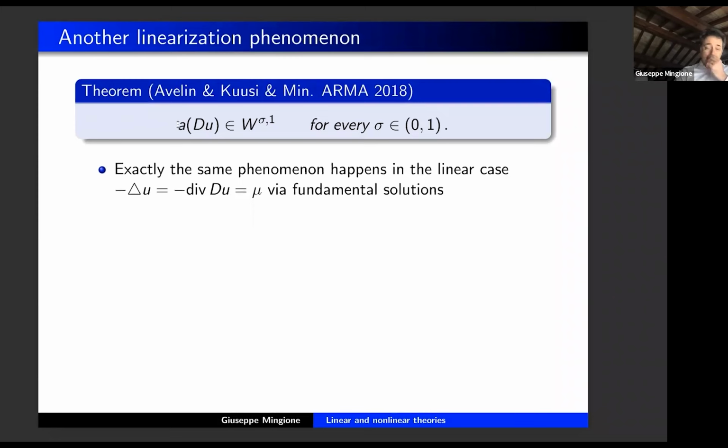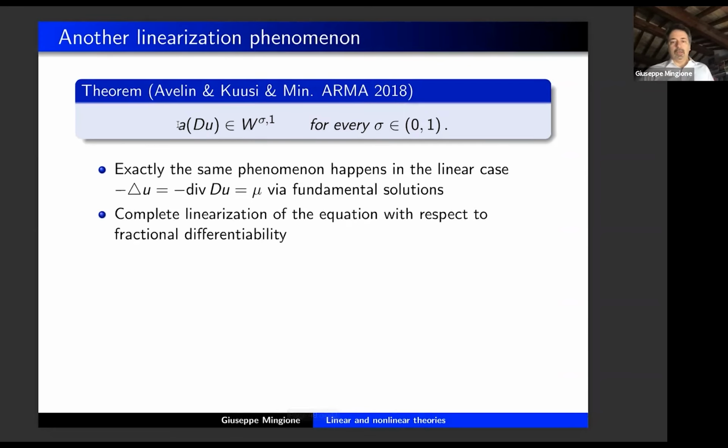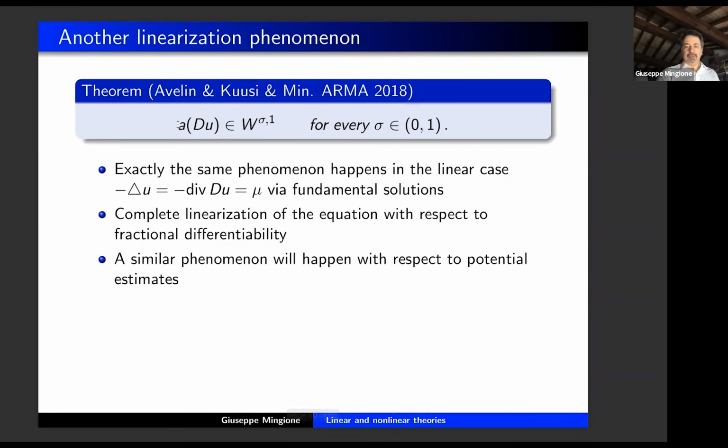And the proof is very delicate. It involves, once again, delicate nonlinear atomic decompositions, where in these atomic decompositions, you don't use harmonic functions as atoms as usual, but you use different atoms that are themselves solutions of homogeneous nonlinear equations. So there's a complete linearization of the equation with respect to differentiability.